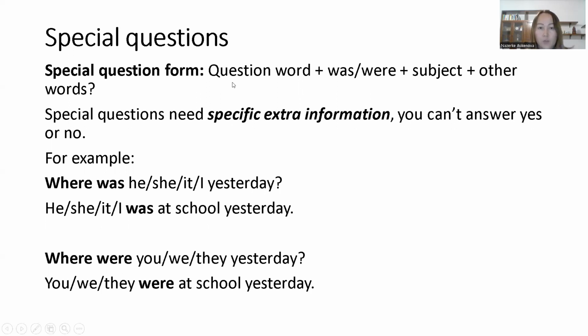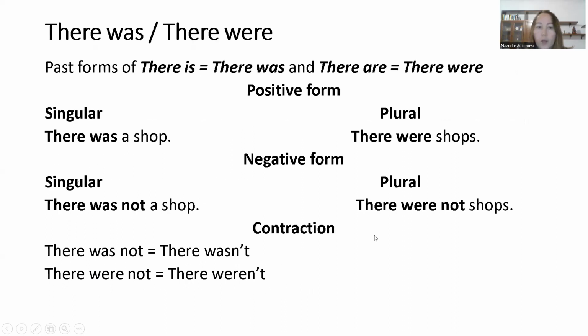Again, we follow the same structure as in the question form, but in this case, we put in the first place a question word, which is the WH question, or which starts with how. For example, when, what, how, why, which, and so on. For example, where was he yesterday? Where was I yesterday? He was at school yesterday. Where were you yesterday? You were at school yesterday, and so on.